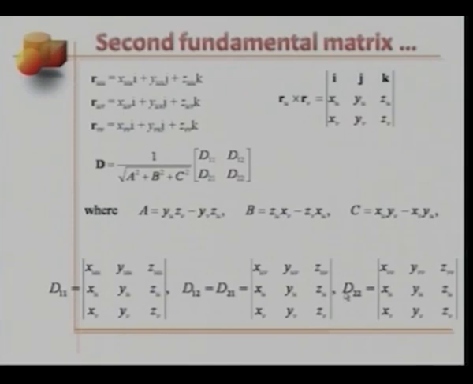And of course, the fourth element D22 here is the determinant of xvv yvv zvv; xu yu zu; xv yv zv. So in a sense, if the surface patch is given as a function of u and v, as I said before, the second fundamental form can be computed using this algebra.